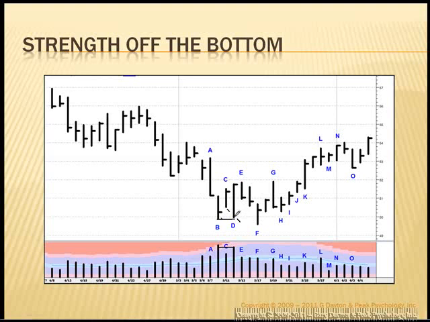But buyers stepped in force, and they turned the market around and rallied it all the way back up and closed it for the third day up, or closed it above the previous 2 days and deep into the bar of A. And they did so on big volume. So still a lot of selling going on, but buyers overcame that selling. Okay, everybody see that? Buying overwhelmed the selling.